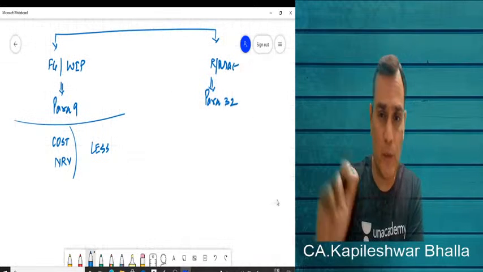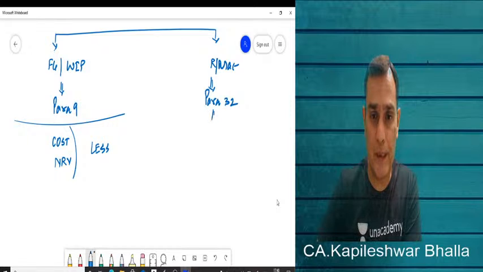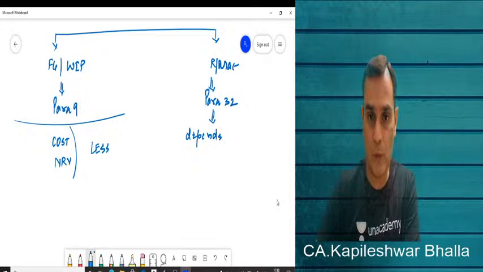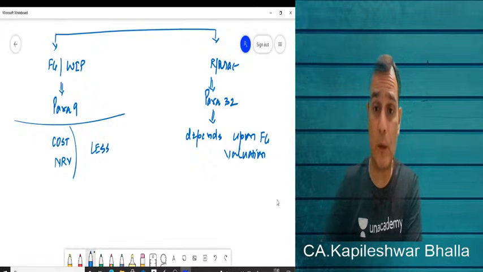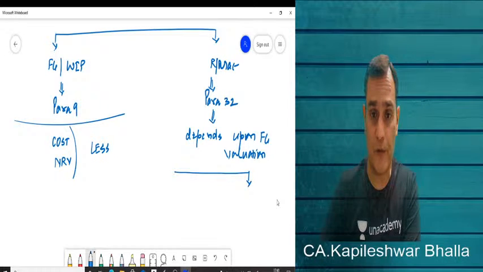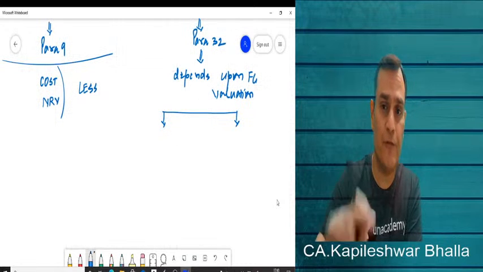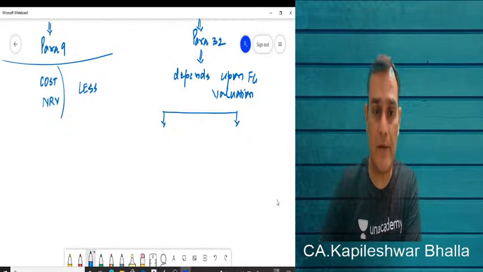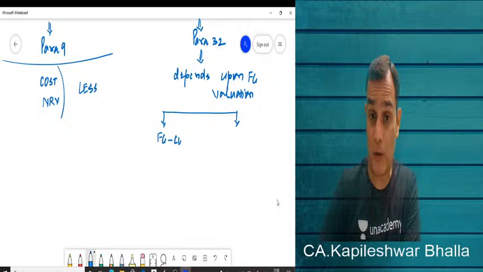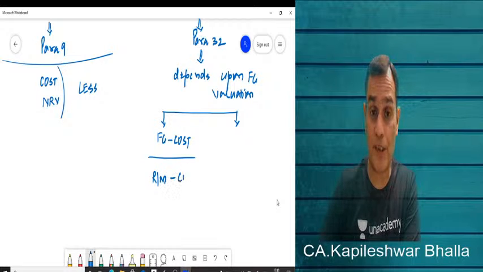Para number 32 makes it very clear that the valuation is purely dependent upon FG. So we can say raw material valuation depends upon the finished goods valuation, and we can split this into two different cases. If the FG is valued at cost based on para number 9, then raw material will of course be taken at cost itself.